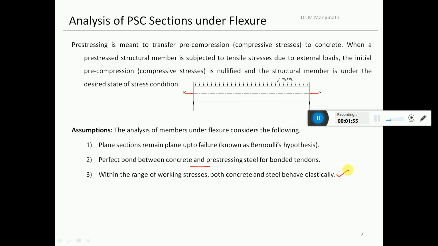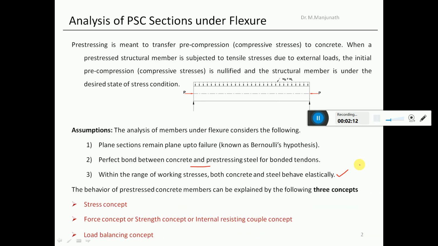limit. And as I told you, there are different approaches of carrying out the analysis of a PSC member, and they are broadly three concepts. What we identify as the stress concept, force concept, also called the internal resisting couple concept, and lastly the load balancing concept.